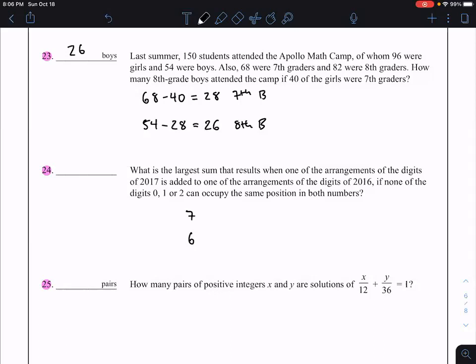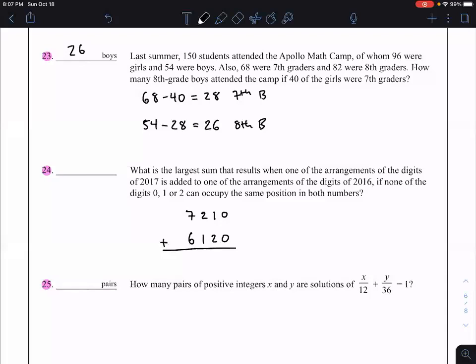So let's just say that we're gonna have 2 be here, 1 here, and 0 here. The next biggest number after 2 is 1, 2, and 0. So that's a possibility.